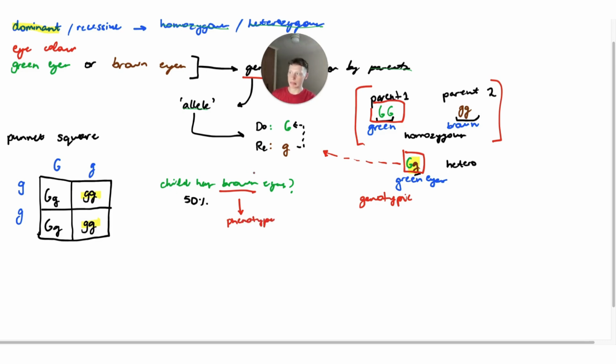So if you have the phenotype for brown eyes, you'll have to have the genotype little g little g. But if you've got the phenotype for green eyes, we don't actually know what your genotype would have had to be, unless we have further information.